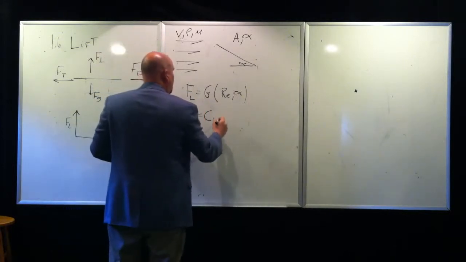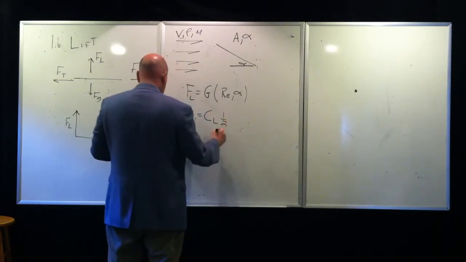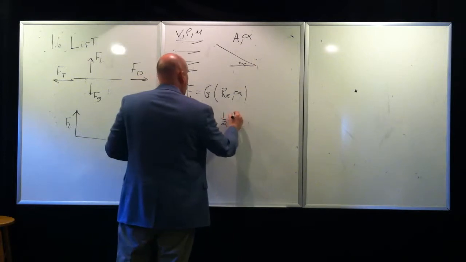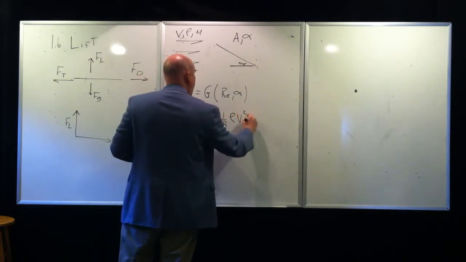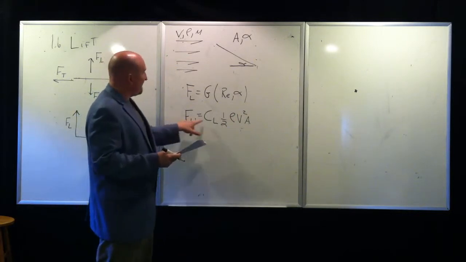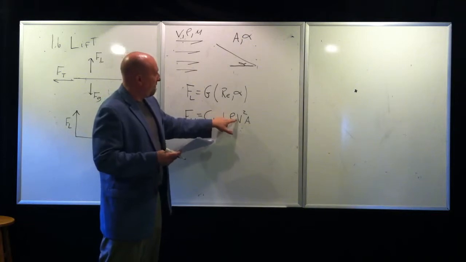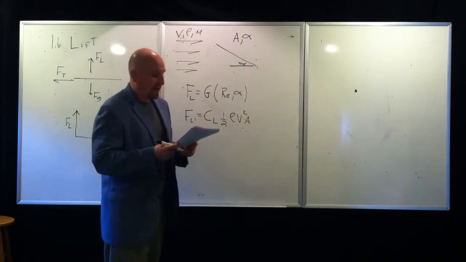So, coefficient of lift multiplied by 1/2 multiplied by rho v squared A. So to find the force of lift, it's the coefficient of lift multiplied by 1/2 multiplied by rho velocity squared times the area.